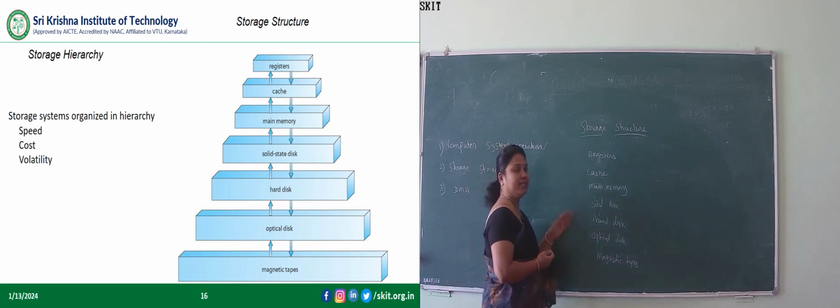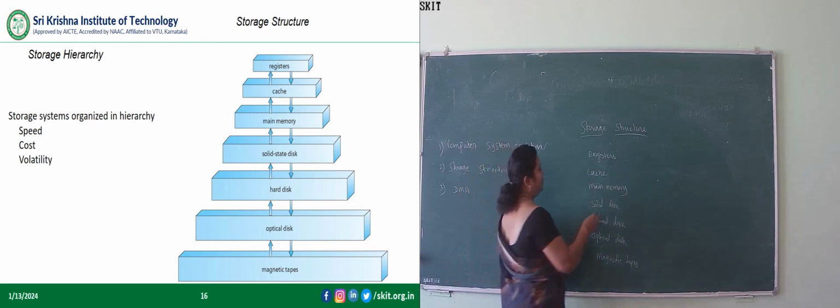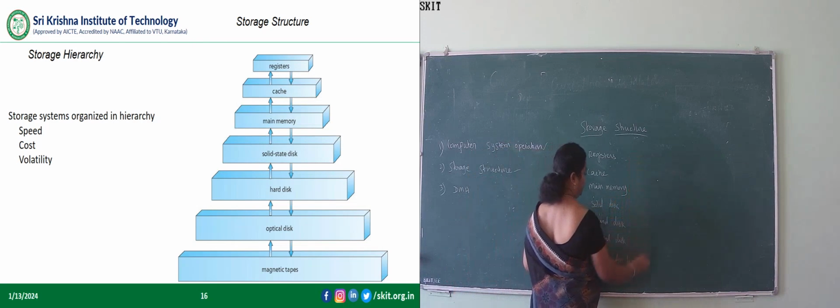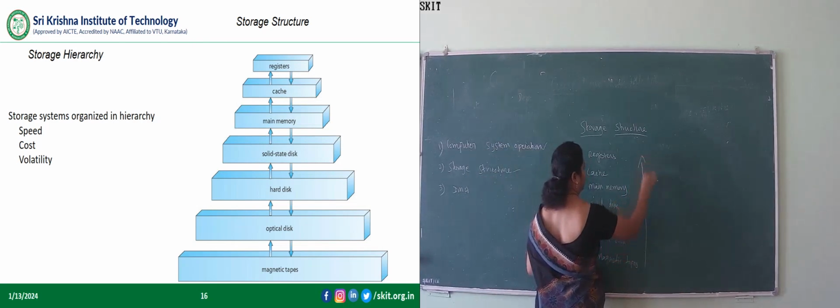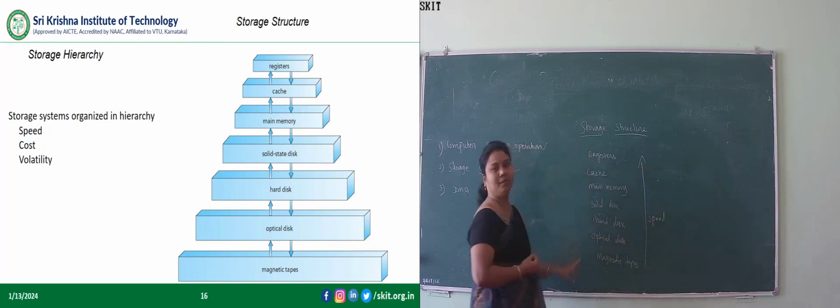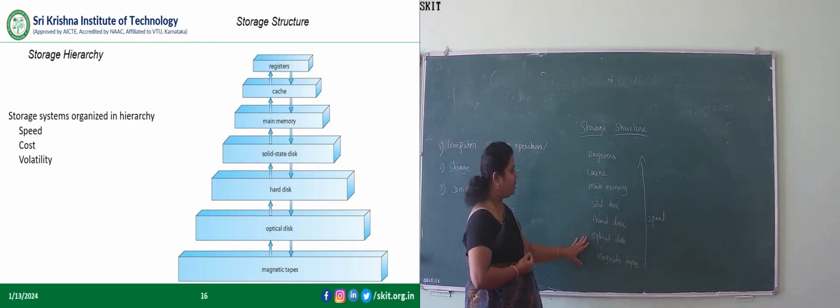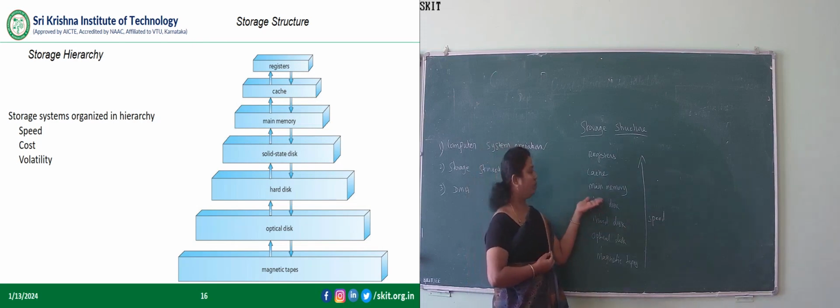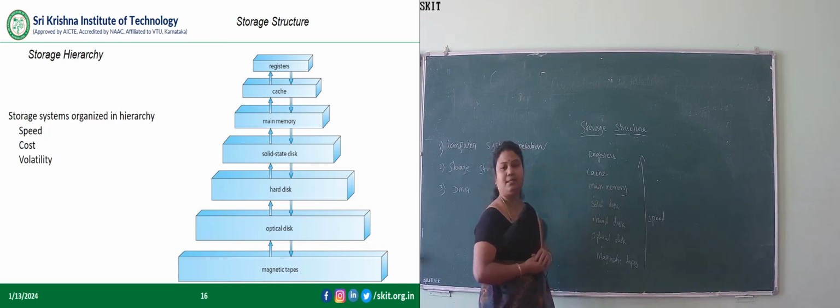According to the speed, it increases from bottom to top. The magnetic tapes and optical disk are extra additional storage for the system. The hard disk will be permanently attached to the system, and the solid disk is optional, but main memory, cache and registers are permanently available in the systems.